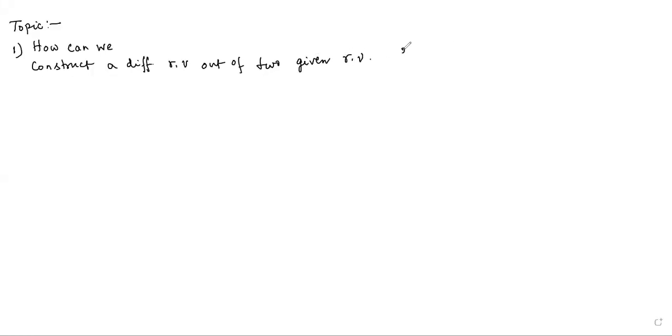This is number one. Point number two, we are to find the joint probability distribution of two random variables.